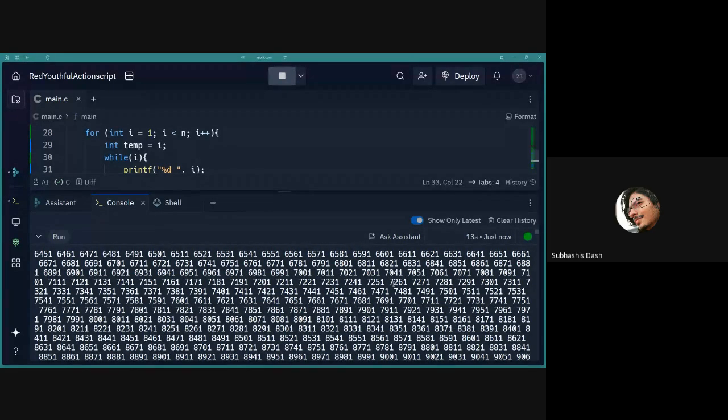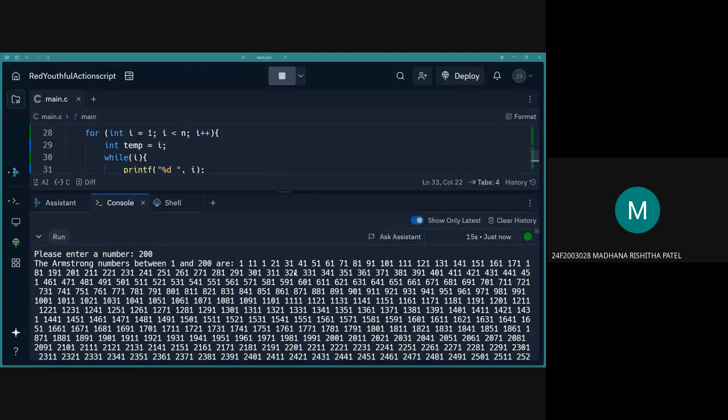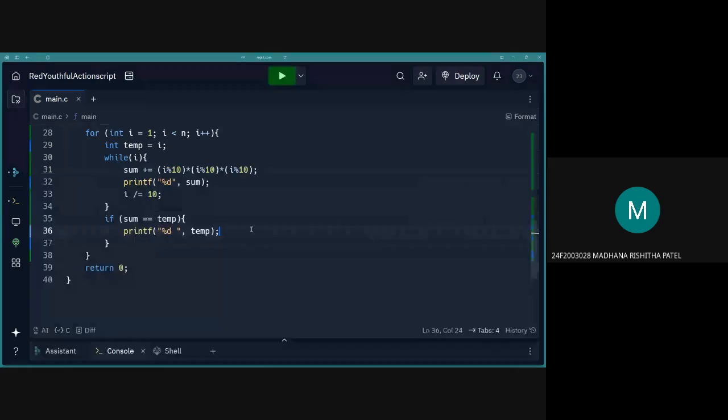Why is this not stopping? Sir, in while loop, if you use printf, it will be printing the number of loops, sir. It will be going for infinite, no, sir.